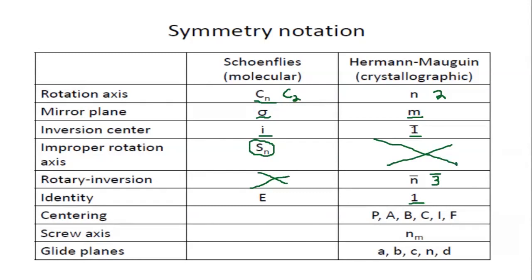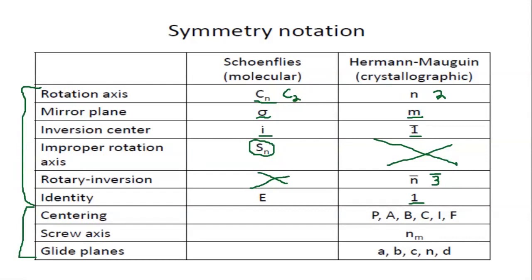Now all of these, from identity to rotational axis, are point symmetry. Now below, when we have centering to glide planes, this is going to be space symmetry. So it means there's translation and a symmetry operation. So centering means we shift the origin from 0, 0, 0 to some other coordinate.